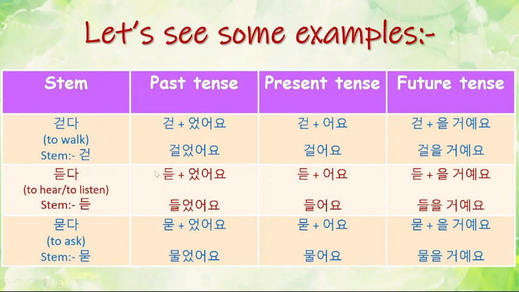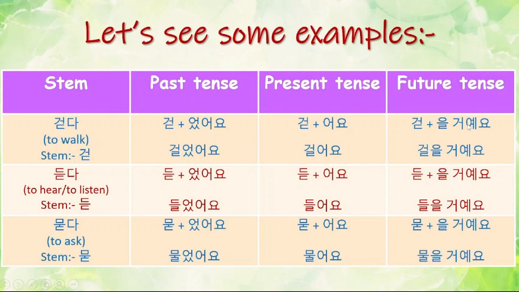For example, in the past tense, the ending that will be attached is osoyo. Now here a vowel is coming to attach, so it will become khorosoyo. In the present tense, if you want to conjugate khotta, it will be khoroyo. And in the future tense, it will be khoreyo.